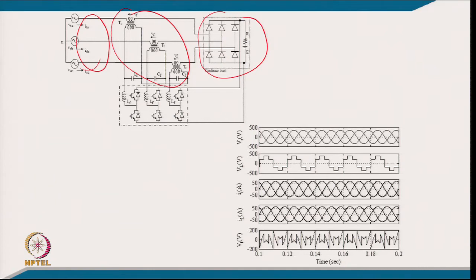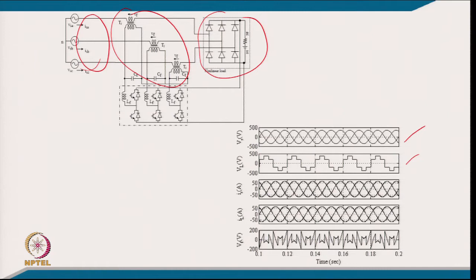Well, after keeping all the parameters with the developed model, this total system is simulated, and these are the simulated performance. The supply voltage is a balanced 3-phase voltage. This is the voltage we are injecting in such a manner that the current is sinusoidal.